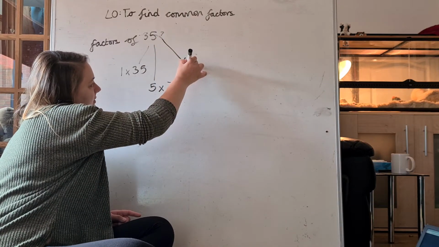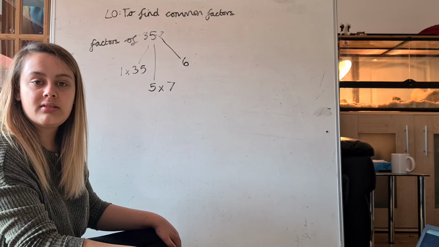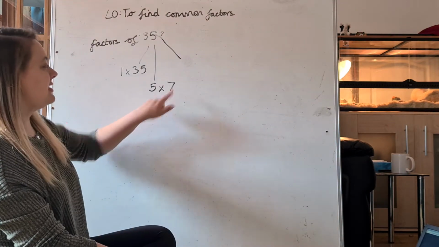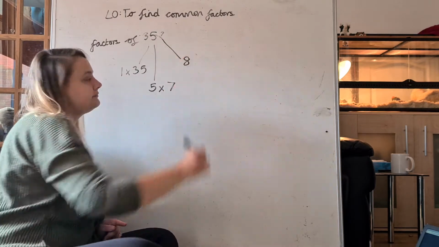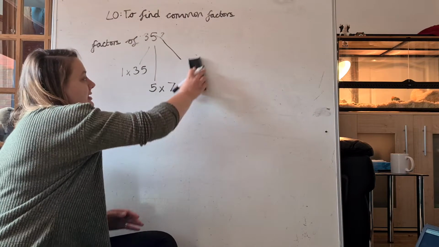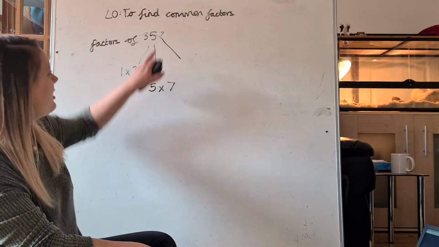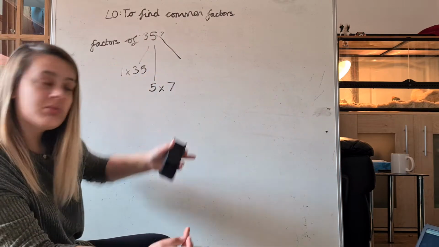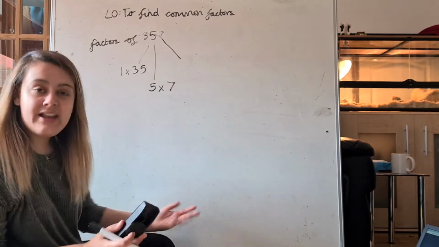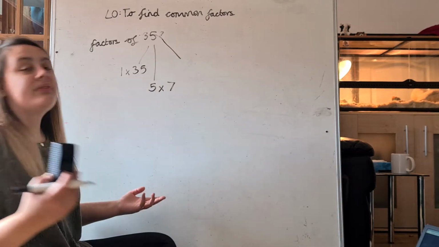And then what about 6? Can we do 35 divided by 6? No. We've already got 7. What about 8? No. 9? No, because we know our trick: 3 add 5 doesn't equal 9. 10? No, it doesn't end in a 0. 11? No, it would need to be 33. 12?